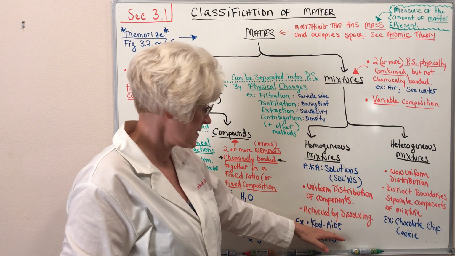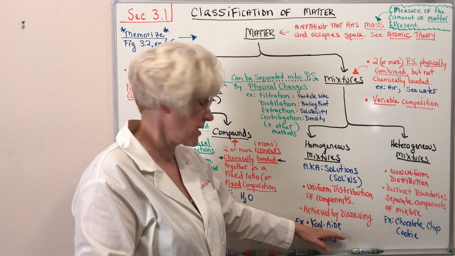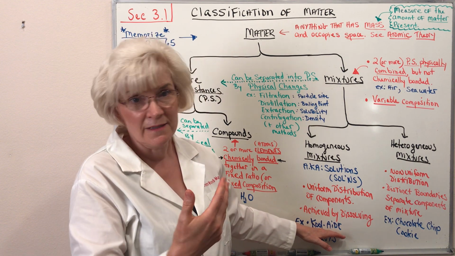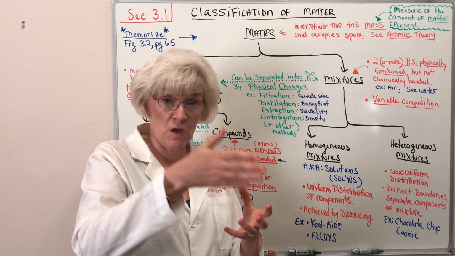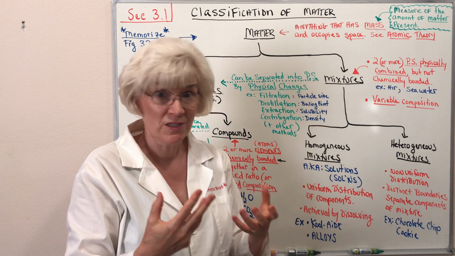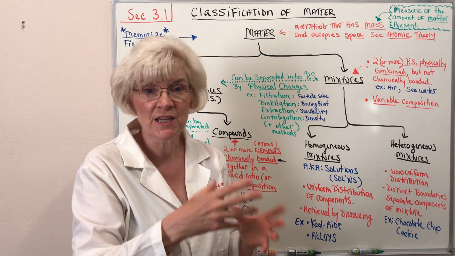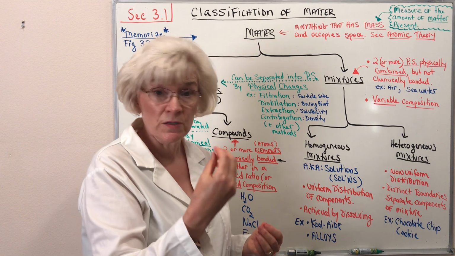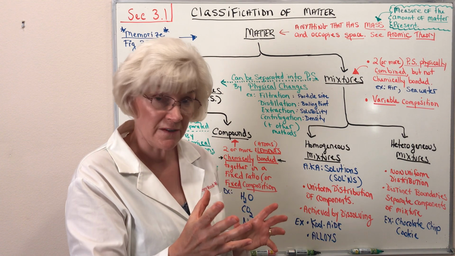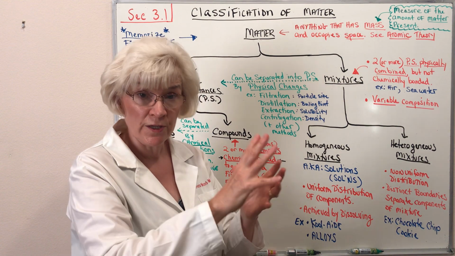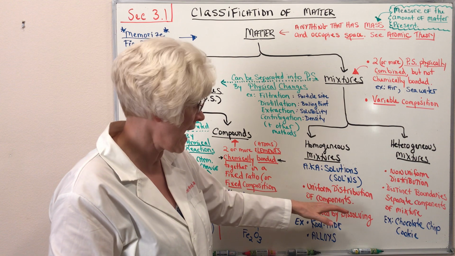A very common example of a homogeneous mixture or a solution is Kool-Aid, the child drink, where you basically take water and dissolve sugar in it. So it's a sugar water solution. And then to make it more interesting, you add some color to it, maybe a little bit of flavoring to give it a bit of a zip taste. But when you look at the Kool-Aid mixture, it looks uniform throughout.